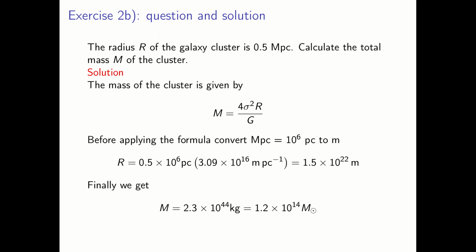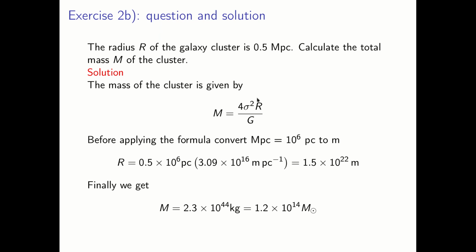So the first thing is to convert megaparsecs to meters, remembering that megaparsecs is 10 to the 6 parsecs. So what we do is just multiply what we are given in the question by 10 to the 6 parsec, and then we multiply by the conversion factor we also saw before. And we get 1.5 times 10 to the 22 meters.